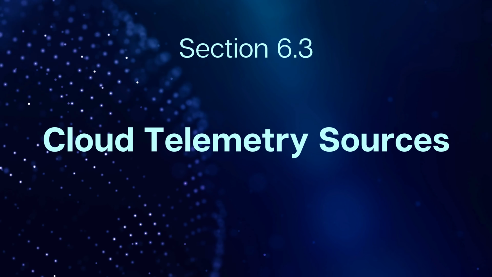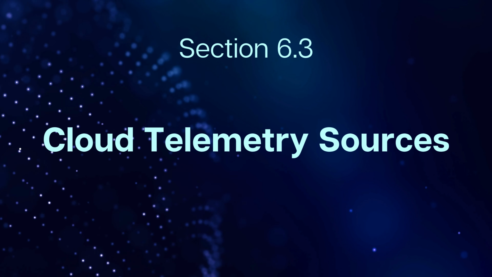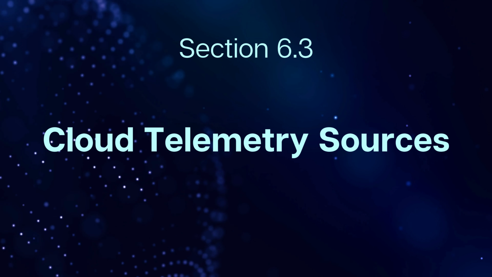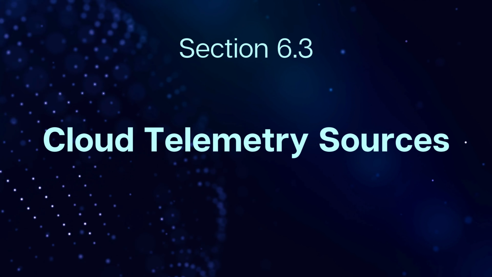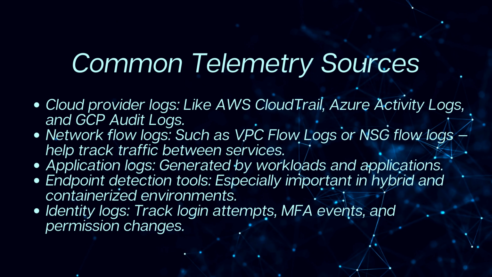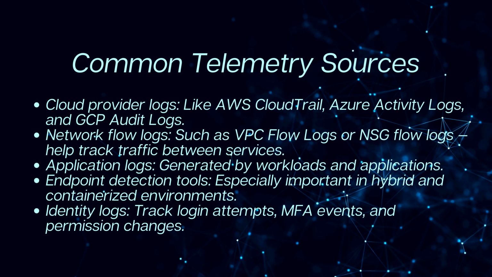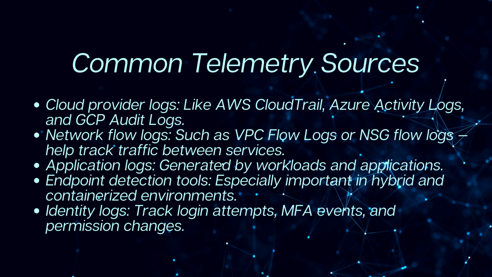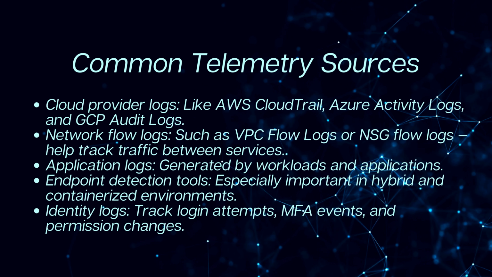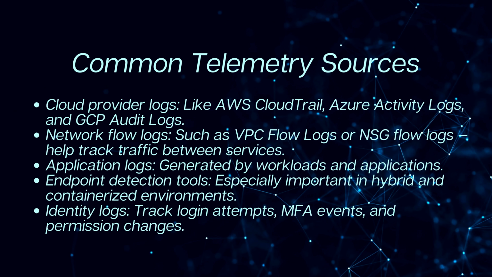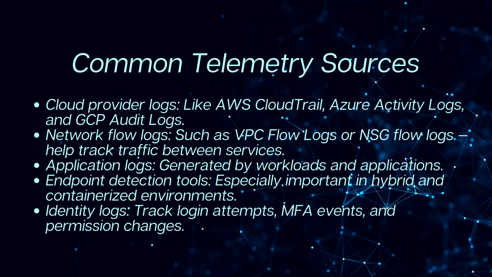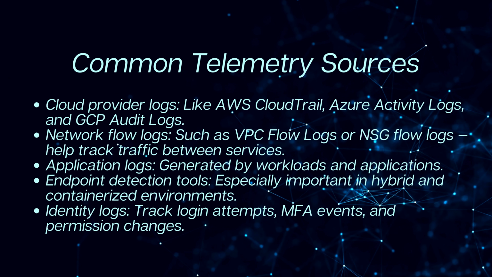Let's now dive into section 6.3, that is cloud telemetry sources. So, where does all this monitoring data come from? Let's talk about telemetry sources. Common telemetry sources include cloud provider logs, that is AWS CloudTrail, Azure Activity Logs and GCP Audit Logs. Network flow logs such as VPC flow logs or NSG flow logs help track traffic between services.